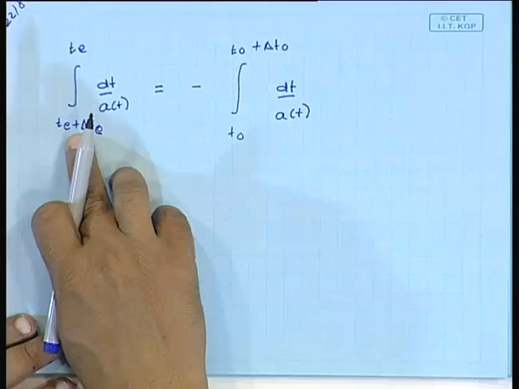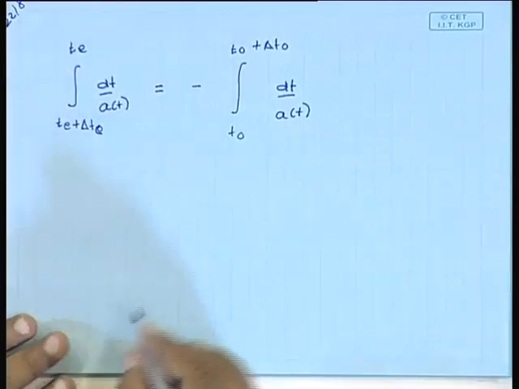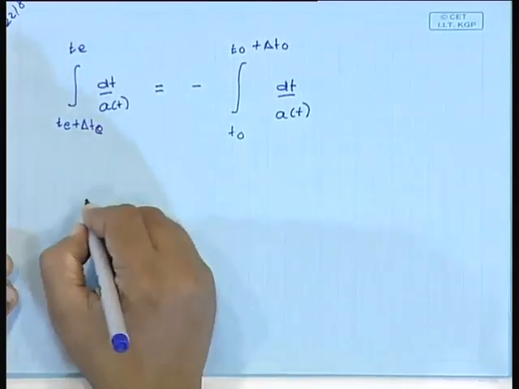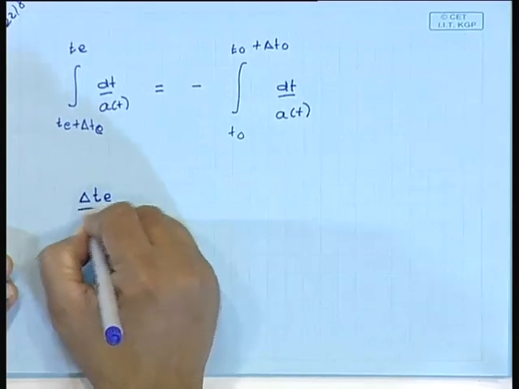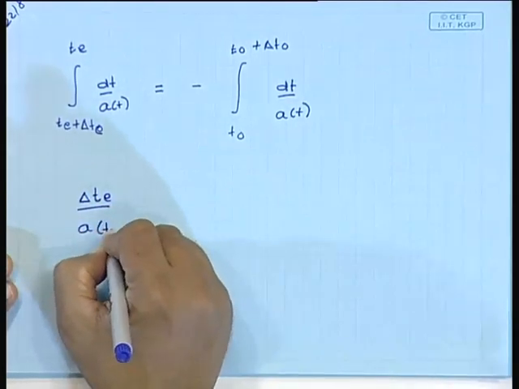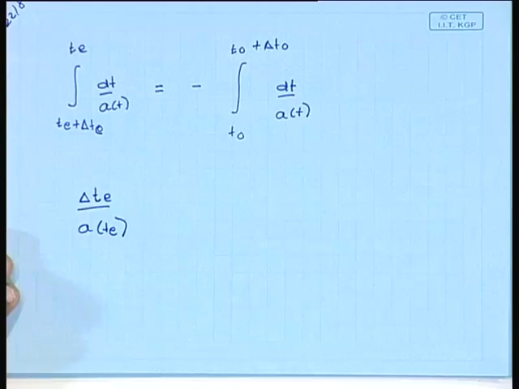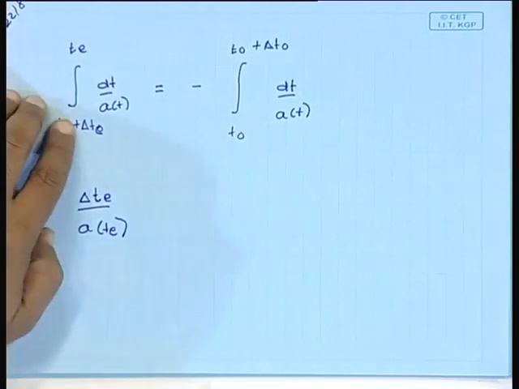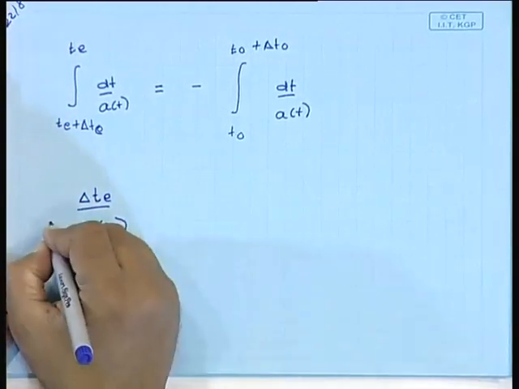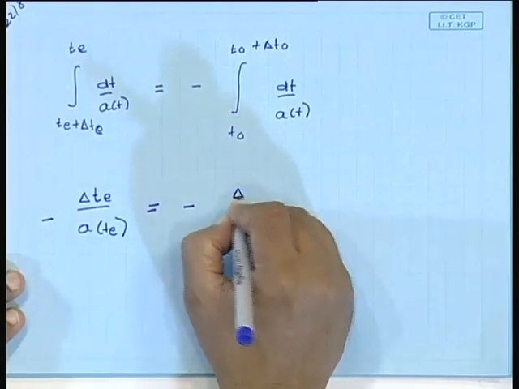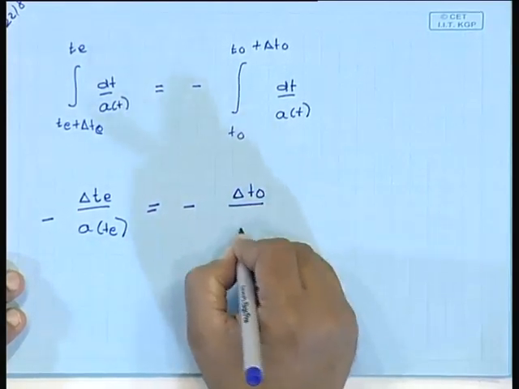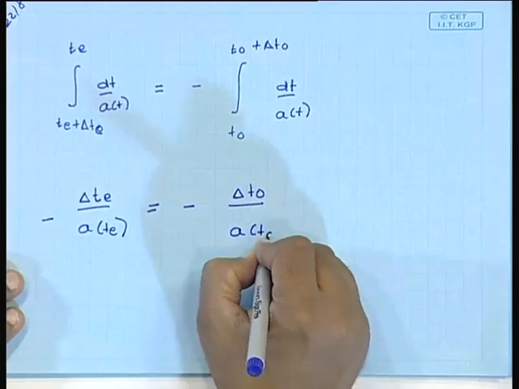So, assuming that these delta T's are very small, we can write the left hand side as delta T emitted by at emitted, and there will be a minus sign because it occurs at the lower end. So, minus is equal to minus delta T observed by at observed.